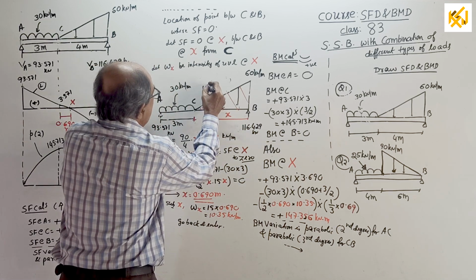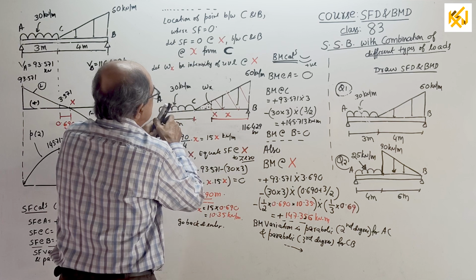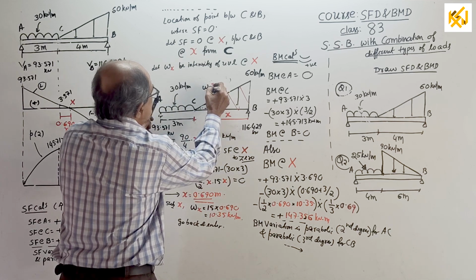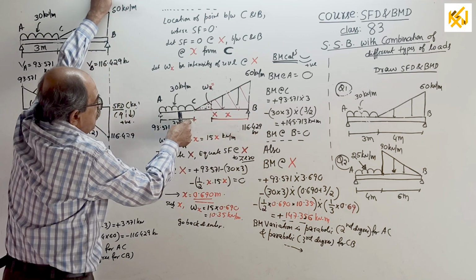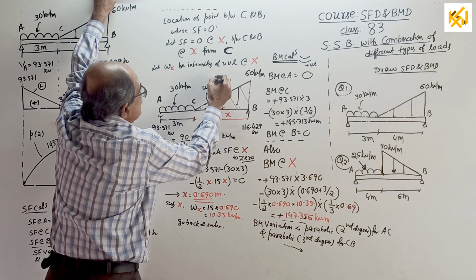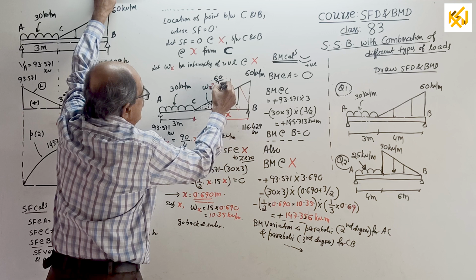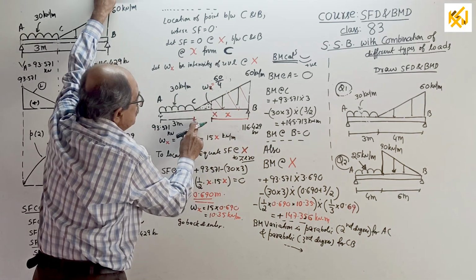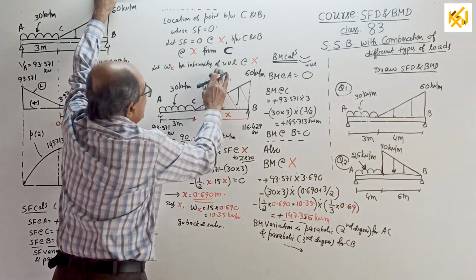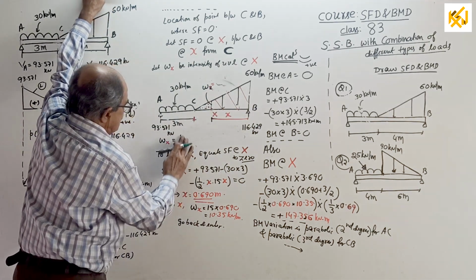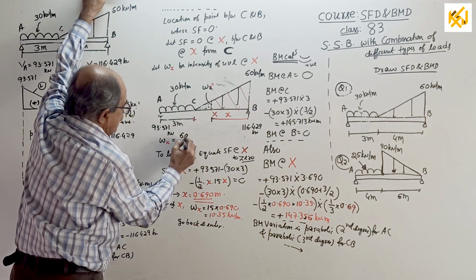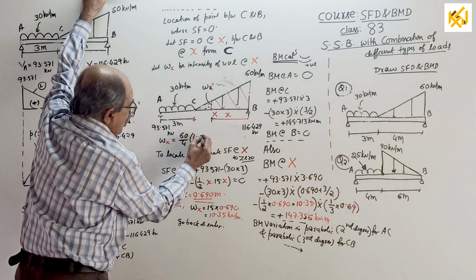Then this ordinate Wx will become 60 by 4 into 4 minus X. I write here directly, the intensity will become 60 by 4 into 4 minus X.